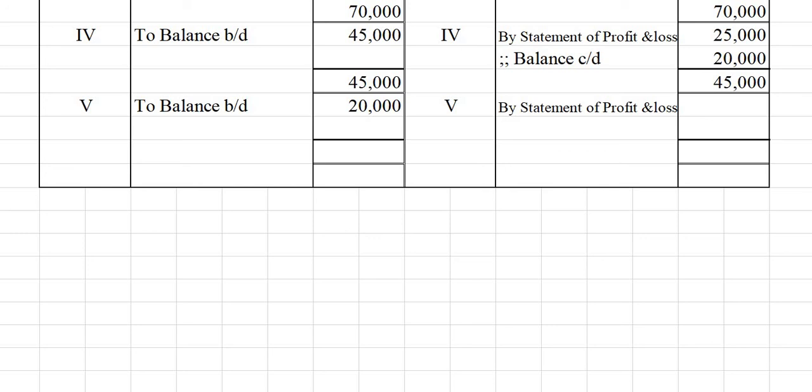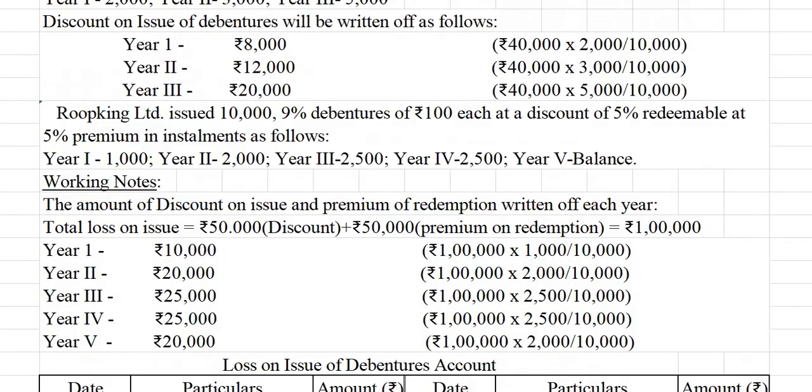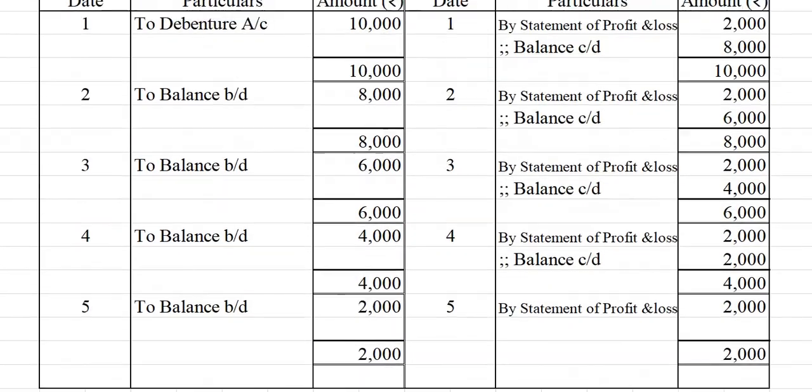Okay. Now 20,000 we have written off. So let us balance the account for 20,000. What will be the balance? No balance is left. No balance should be there. So this is the way of writing off discount on issue of debentures account. This is a simple thing.